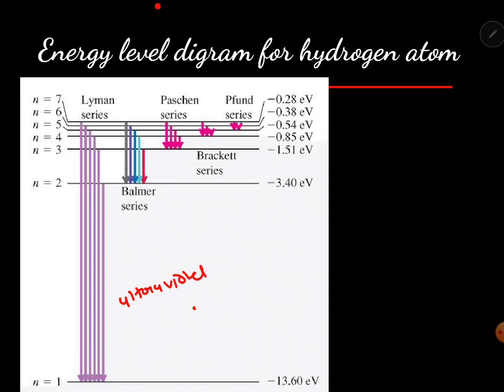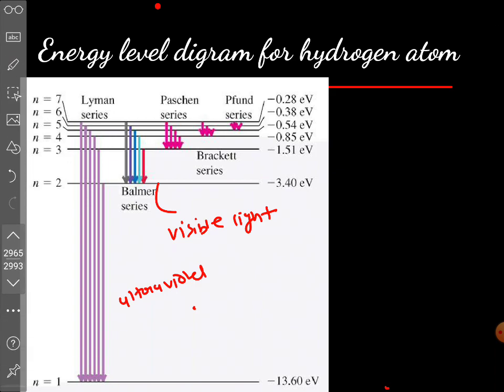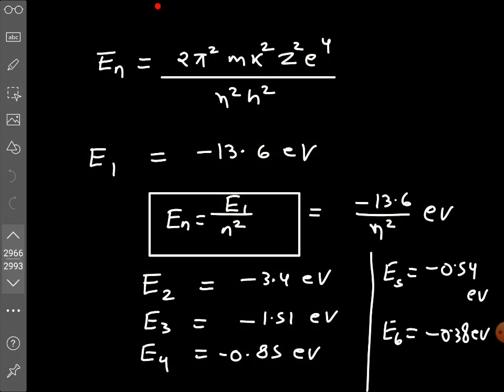These radiations are ultraviolet. Whenever the electron makes a transition from any higher orbit to the second orbit, it releases some visible light. Also, you can see the other series come from the infrared region.